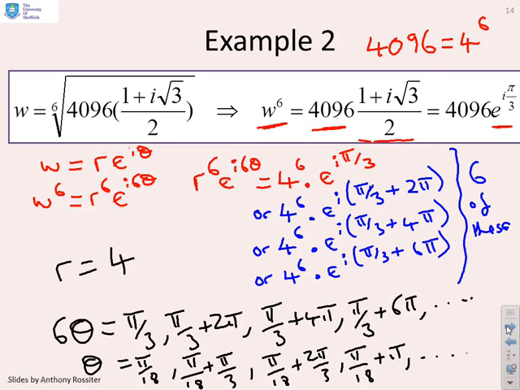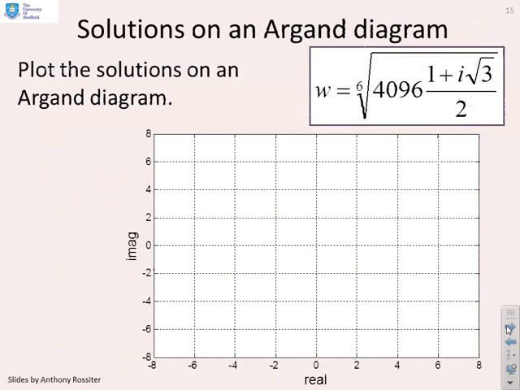So what I'm going to do now is put these in an Argand diagram, because when you see the picture, the pattern is obvious. So first of all, we said the radius was 4. So let's do our circle as well as we can, just to make sure that we get these in roughly the right place. I should learn to draw better circles, but anyway, so be it.